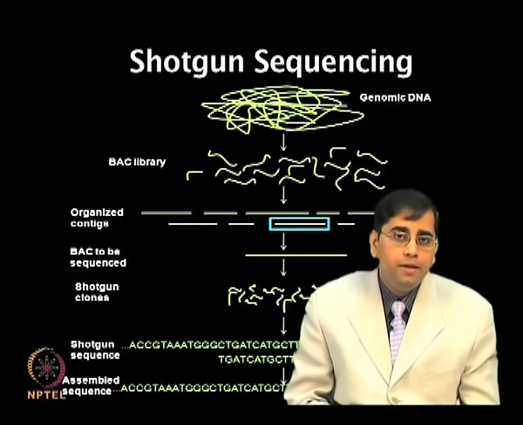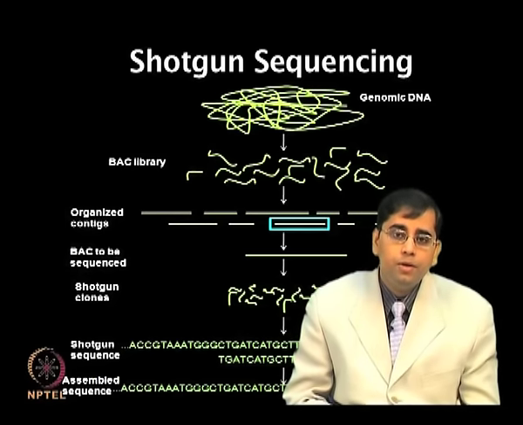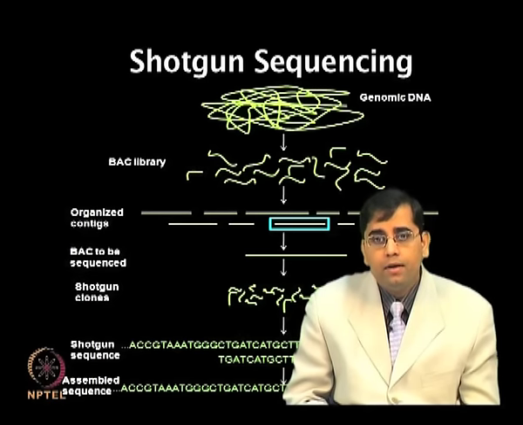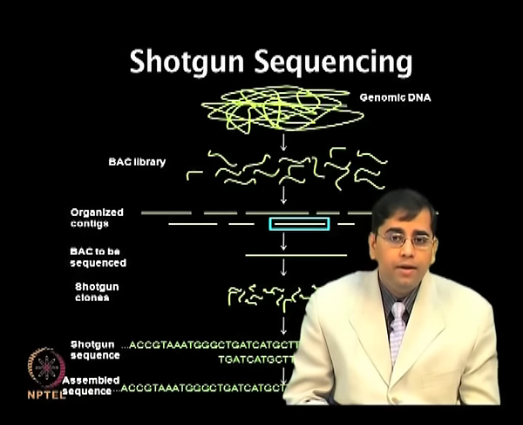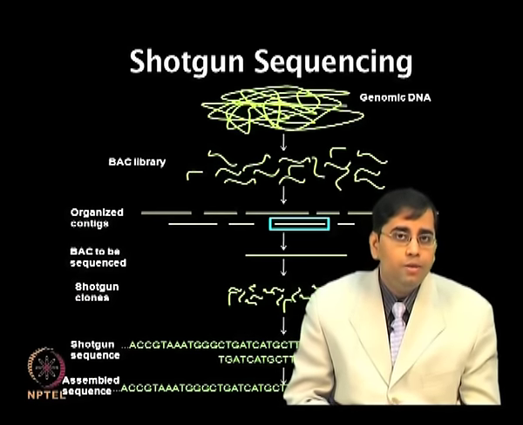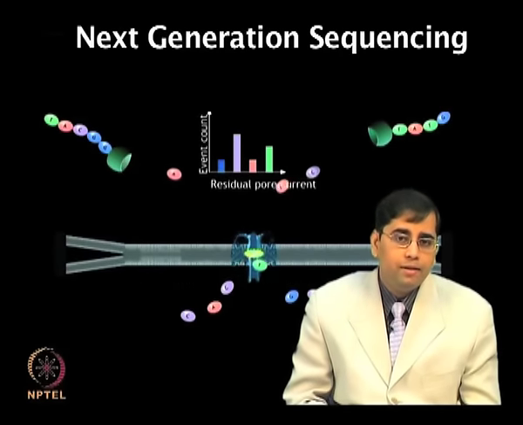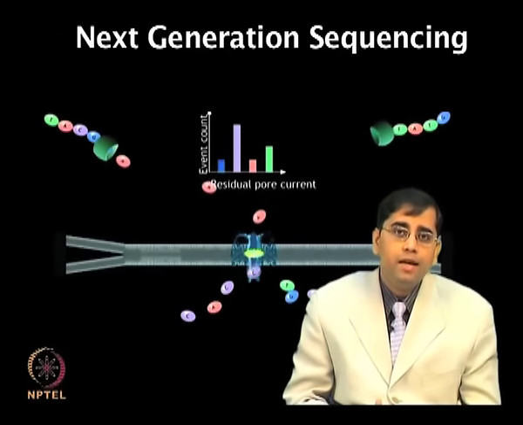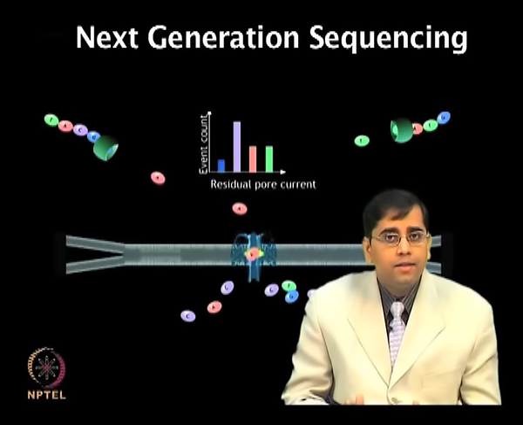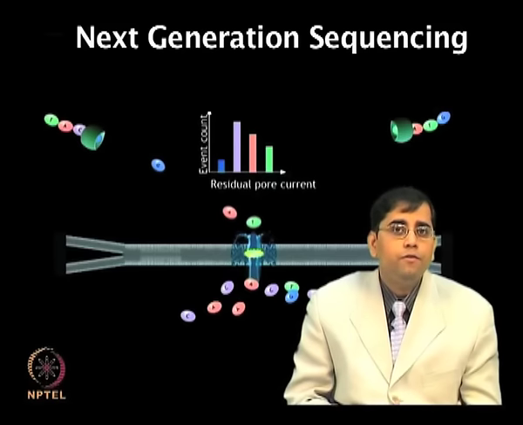From a genomic library, clones were isolated and ordered into a detailed physical map. Further, individual clones were sequenced by shotgun sequencing to provide the complete genome sequence. Recently, next generation sequencing (NGS) strategies have dramatically increased the pace of sequencing by several orders of magnitude.